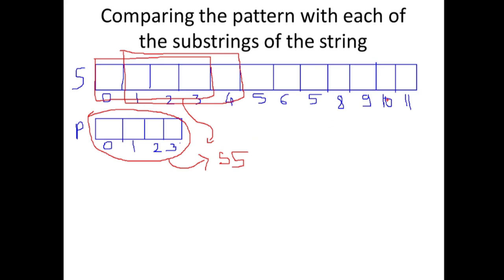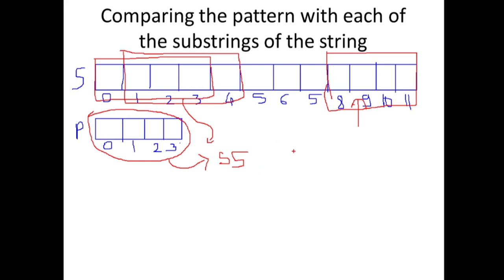And what would be the last substring? The last substring will be the one from index 8. Why? Because from index 9, the size of the substring would be 3 or less than 3. We are not looking for those substrings which have length less than 4, the size of the pattern. So we will search all the substrings from index 0 to 8.